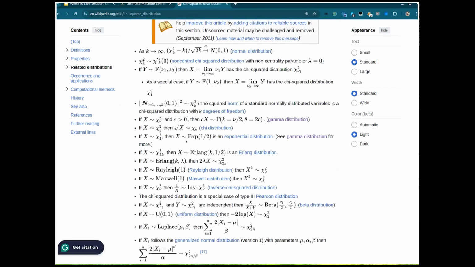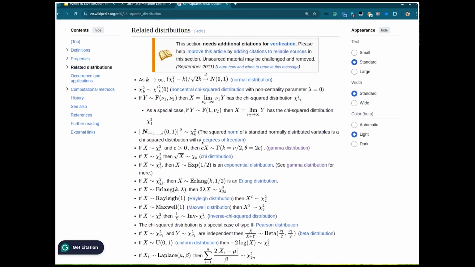Yeah. So basically, a lot of distributions have relationships to each other. So for example, we had already seen gamma and chi-square are related. Then how chi-square and normal are related. Naturally normal and chi-square should be related because chi-square is built from the sum of squares of k normal distributions, right?